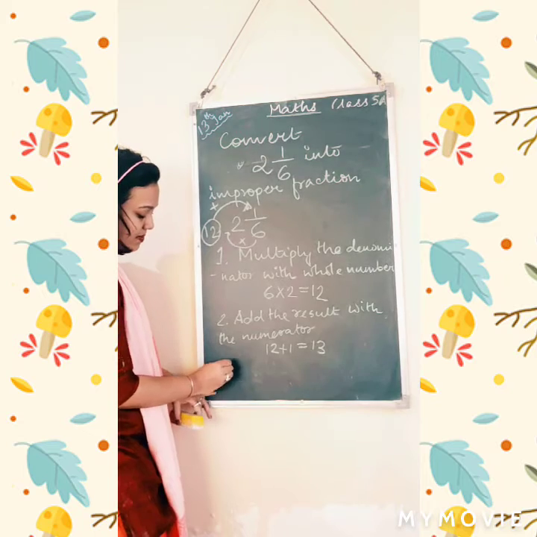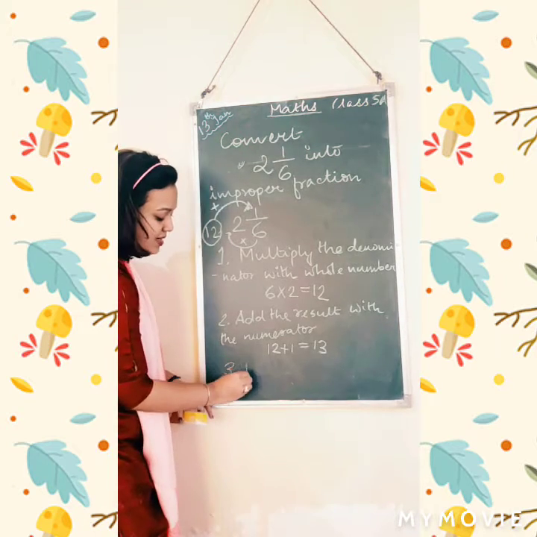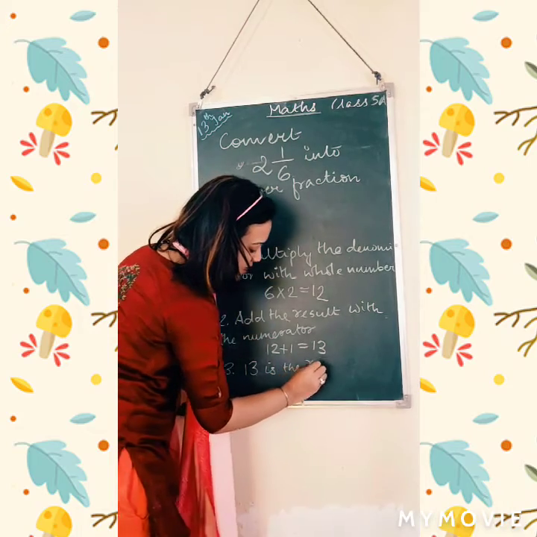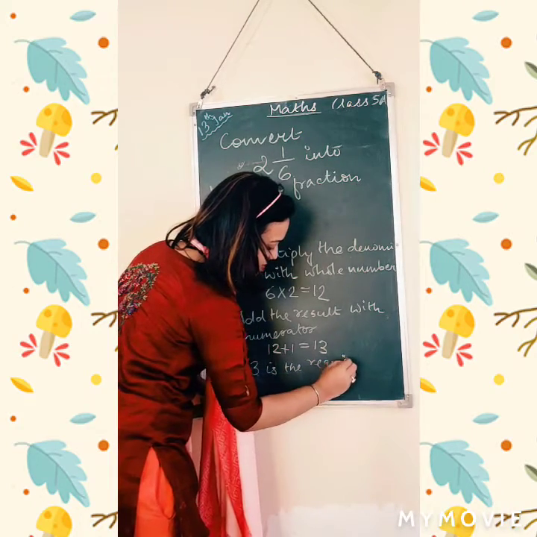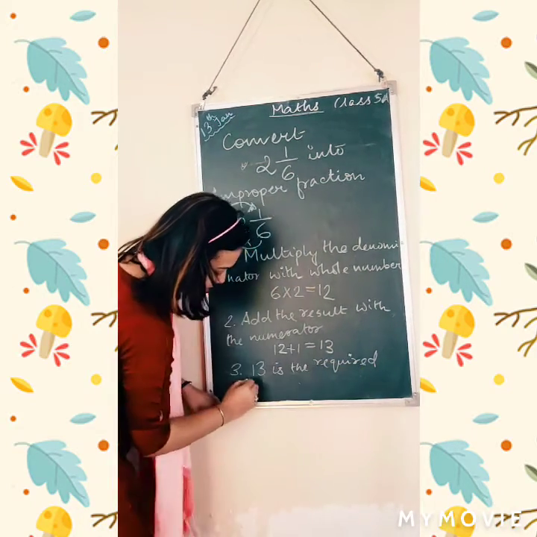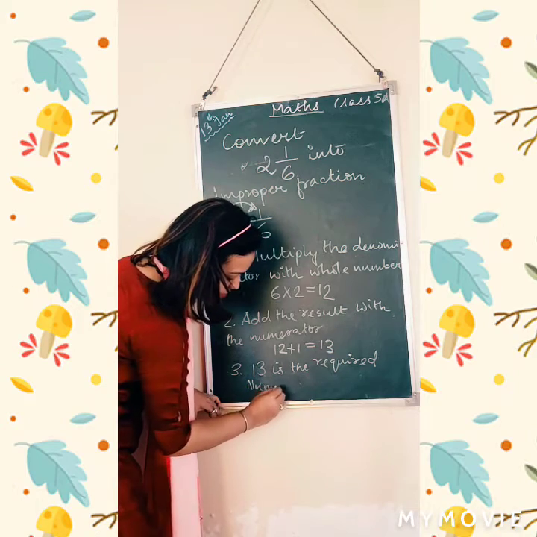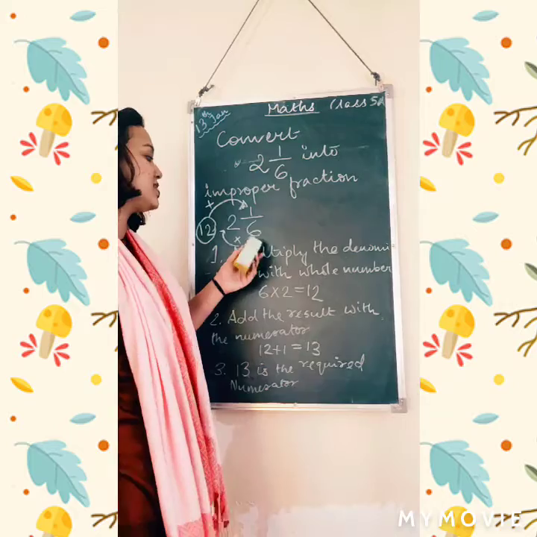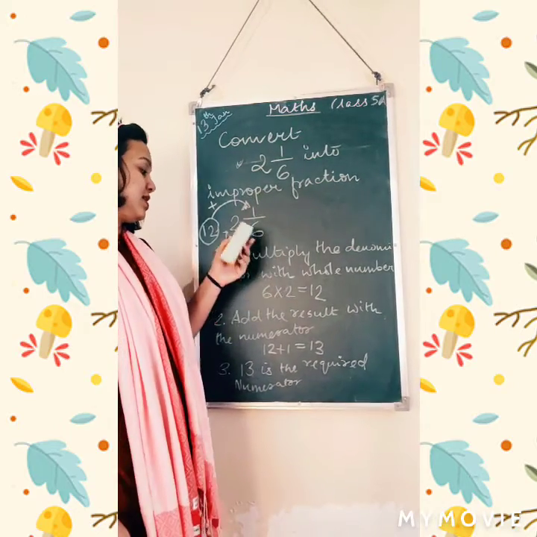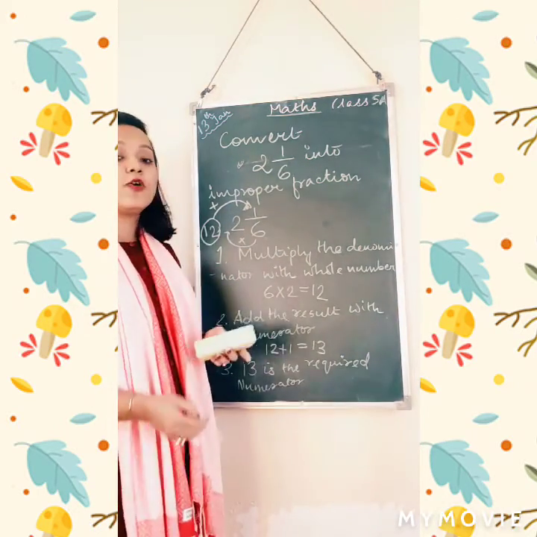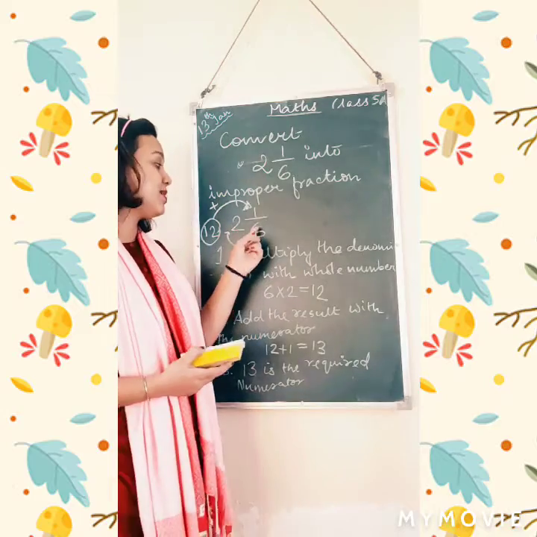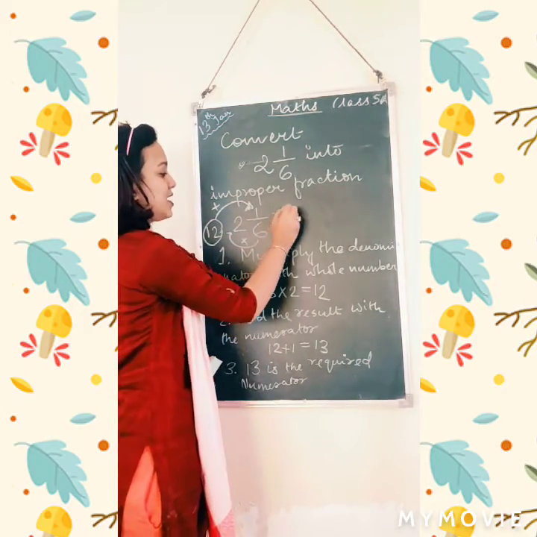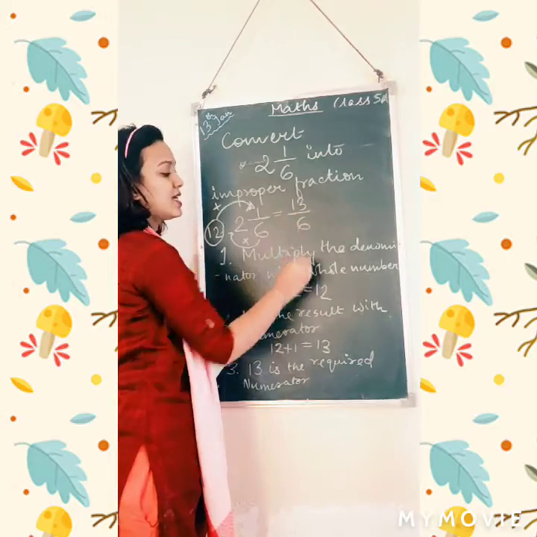Now what is step number 3? 13 is the required numerator, and the denominator remains the same. That means the numerator will be 13 and the denominator will be the same as in the fraction given before. It will be 6. So this answer is nothing but 13 by 6.